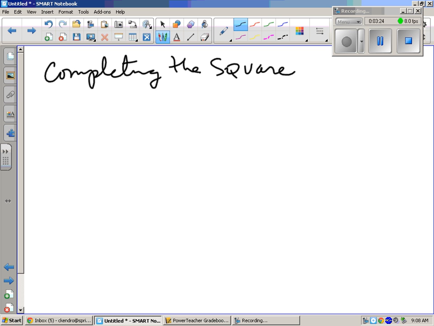That's why we're completing the squares. So if you had those parentheses and you FOILed them out, you would get this form, x squared plus y squared plus dx plus ey plus f equals 0. That's if it's been FOILed out.